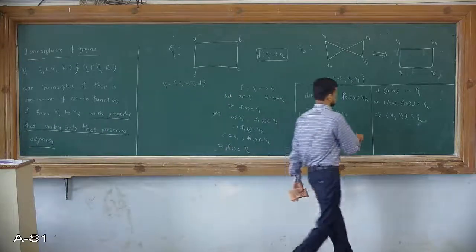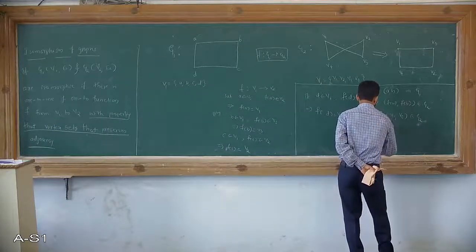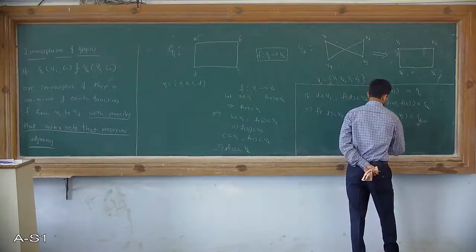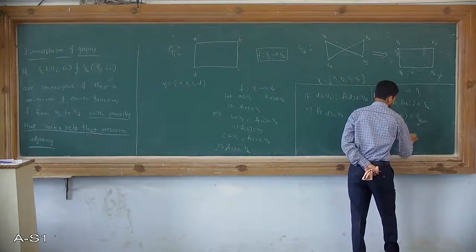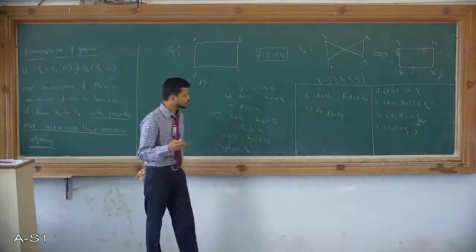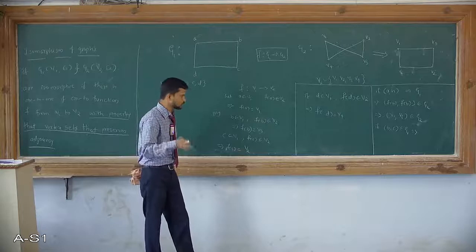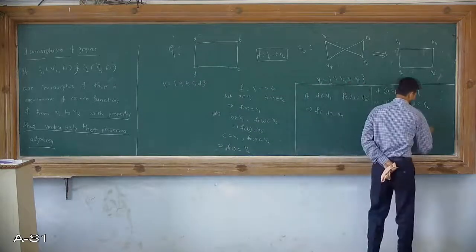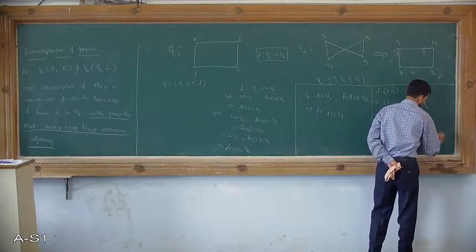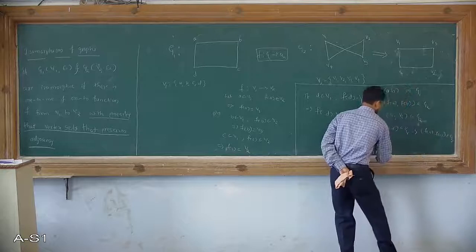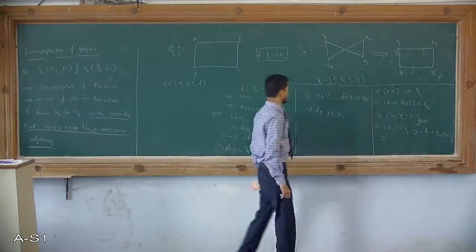consider the second one. If B comma C belongs to G1, then f of B is in G2 and f of C is in G2. So f of B comma f of C is in G2. What is f of B?